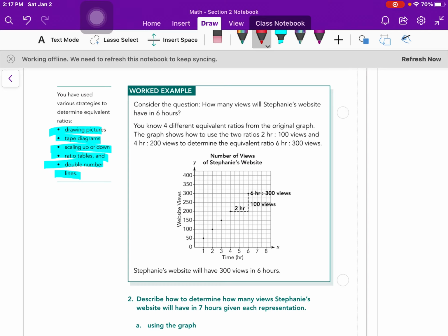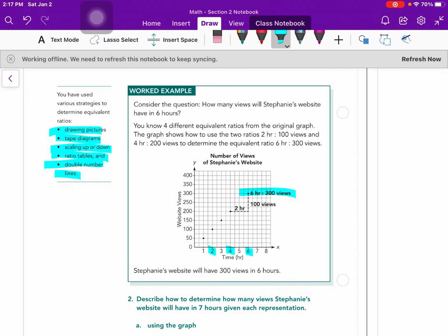You know 4 different equivalent ratios from the original graph. The graph shows how to use the 2 ratios, 2 hours and 4 hours. We know 2 hours plus 4 hours equals 6 hours to come up with 300 views in 6 hours. So we're starting to see kind of a pattern there with our graph.